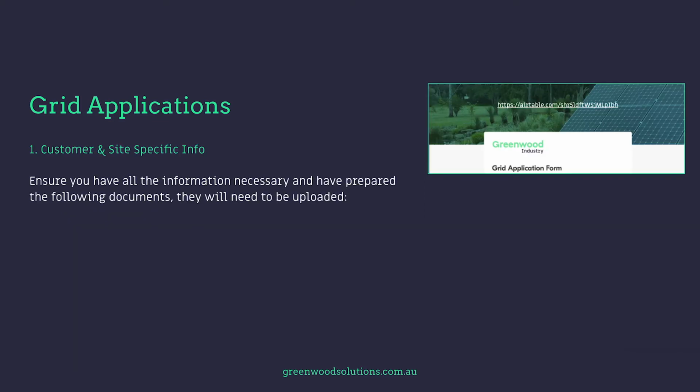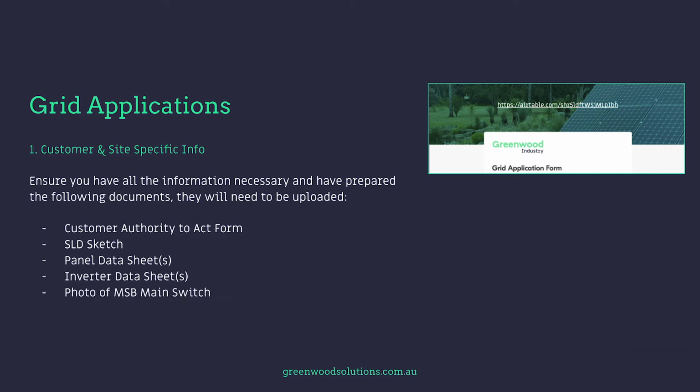Basically, you have to ensure you have all the information necessary and have prepared the following documents that will need to be uploaded: the Customer Authority to Act form, the SLD sketch of the site in question, the panel data sheets, the inverter data sheets, and the photo of the main switchboard and photo of the meter. Aerial view, site layout, panel, inverter, PVDB, MSB, and point of supply location.